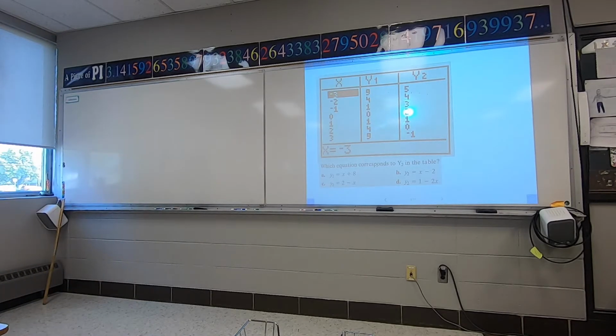What is the equation for y2? This is the last question.